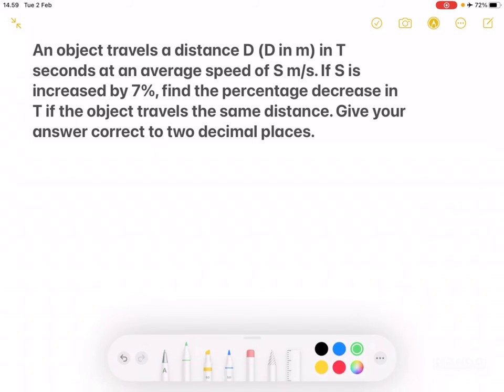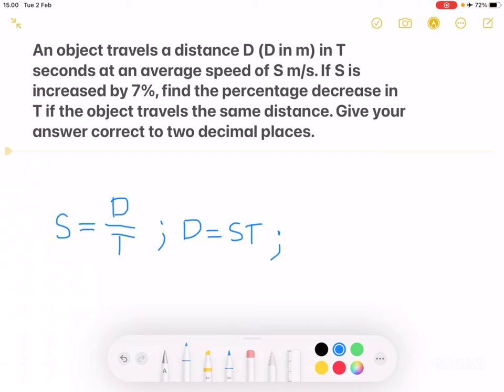So first I would just try to express each variable in terms of the other variables. So we know the average speed, or s in this case, will be equal to the distance, which is d, over the time, which is t. And you can just express this in various ways. So this is the first one. You can also express d as s multiplied by t.